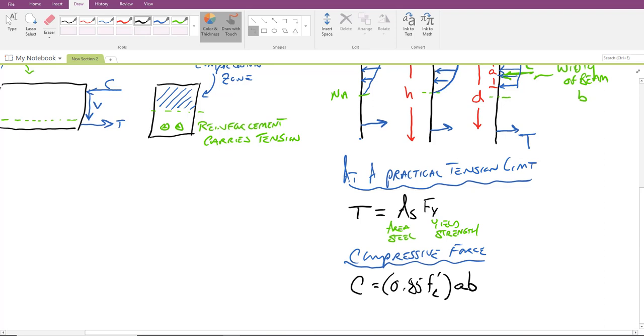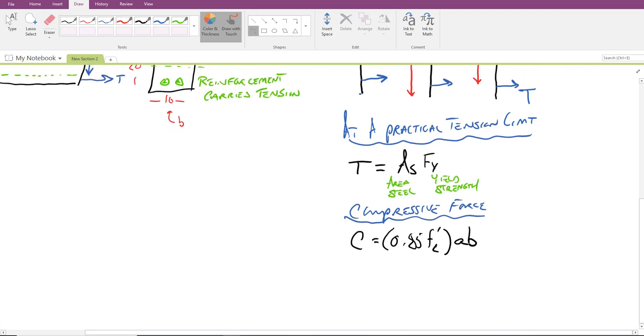That's going into the page. So if this particular beam was 20 inches tall and 10 inches wide, we'd be looking at a B value of 10 inches. Just to make up some numbers.